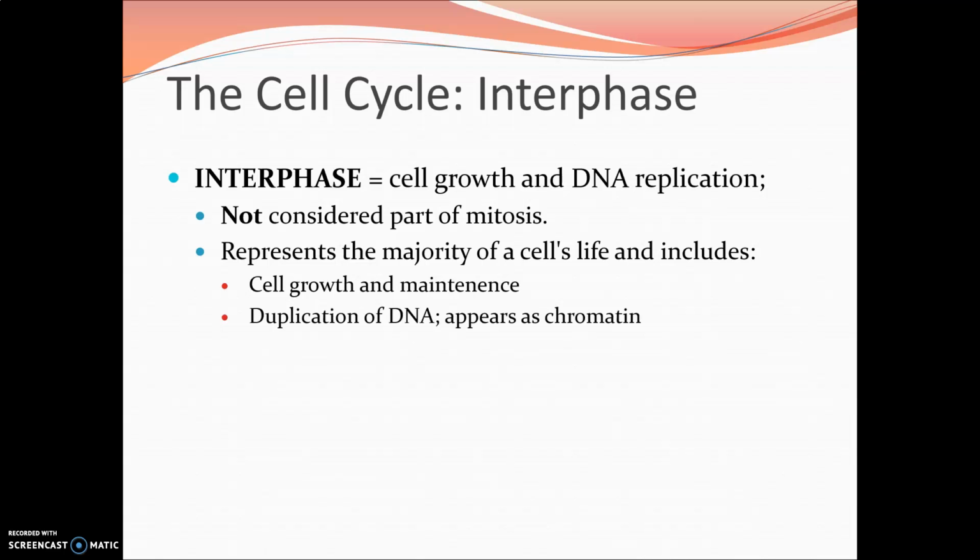Chromatin is DNA that's not super tightly wound. It hasn't become chromosomes yet. That'll make more sense when we talk about the stages of mitosis. And the last thing is that the organelles replicate in interphase as well.